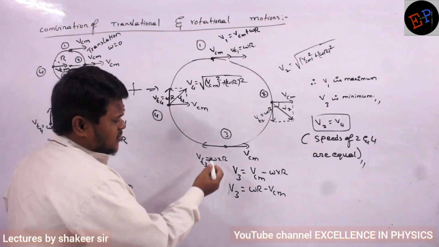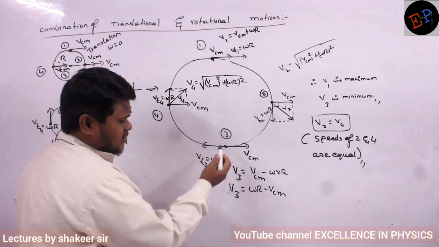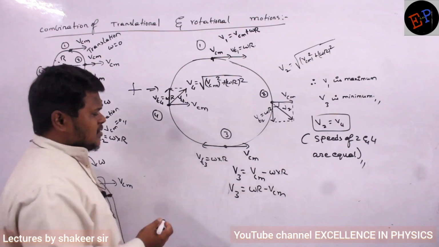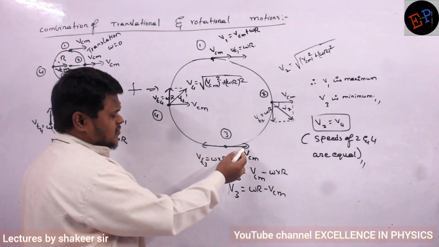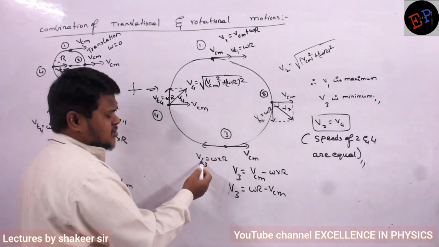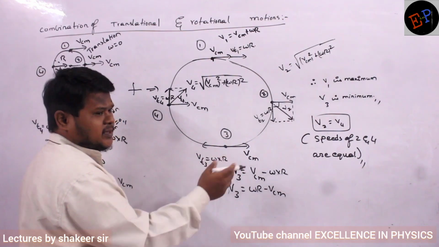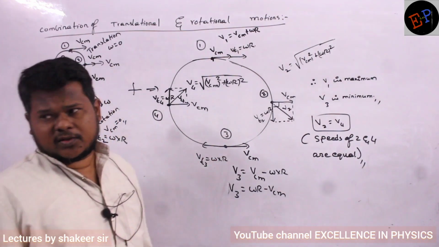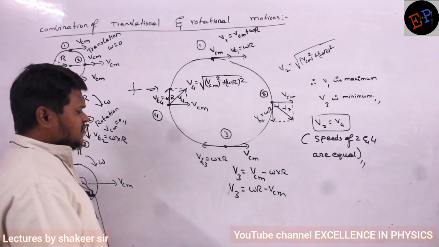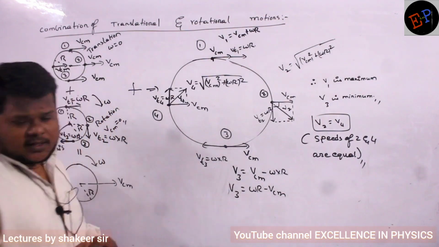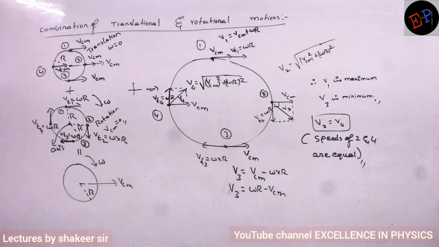Let us discuss about this point, point number 3. See here, velocity of center of mass and tangential speed, they may be equal, they may not be equal. Clear? So therefore what I can write here, I can write some cases, 3 cases.